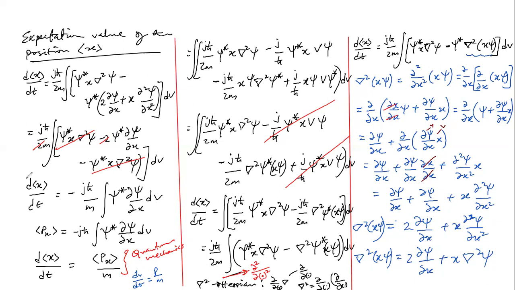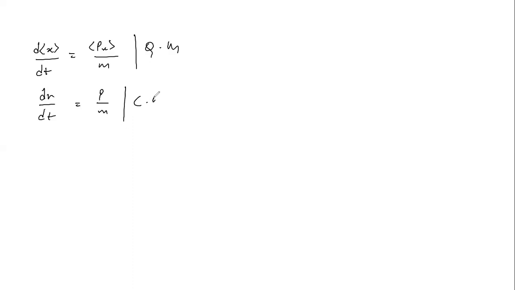So going forward, we can now say, since we're able to show that the first time derivative of the expectation value of the position is the same as the expectation value of the momentum divided by m in quantum mechanics, while in classical mechanics, dr/dt is the same as the momentum divided by m.